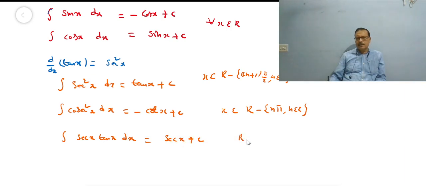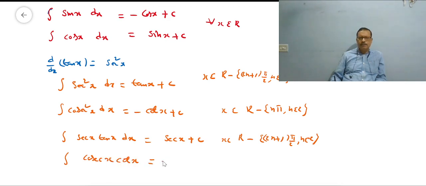Here the domain is R minus the set of 2n plus 1 into pi by 2, where n belongs to Z. The integral of cosecant x cot x is equal to minus cosecant x plus c. Here the domain is x belongs to R minus n pi, where n is an integer.